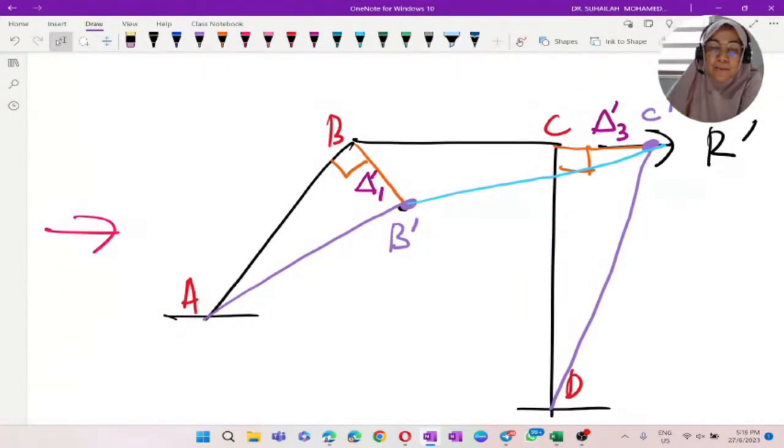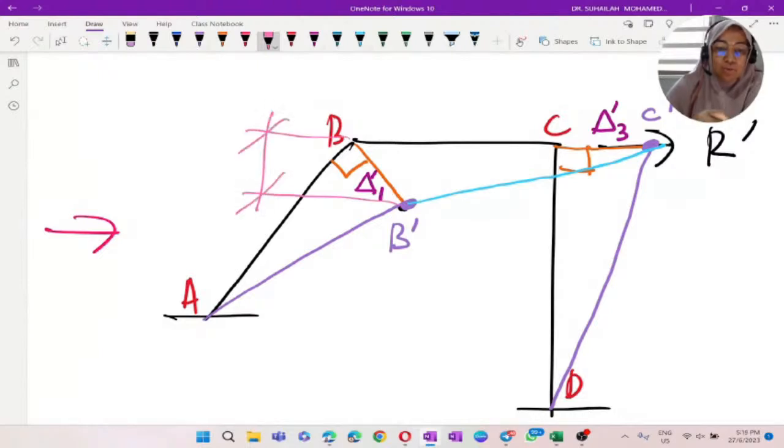But in this case, we can see that there is a vertical movement. The vertical movement is measured from the lowest to the highest position of B prime and C prime. So this is actually the delta for the beam.